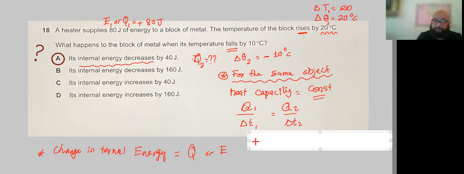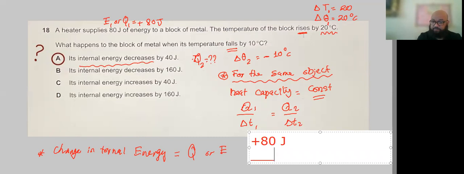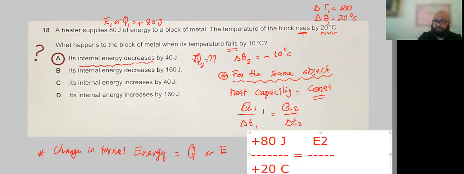So here, positive 80 joules divided by positive 20 degrees Celsius, okay, it will be equal to E2, which is unknown, divided by negative 10 degrees Celsius.